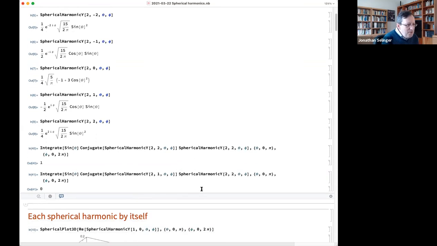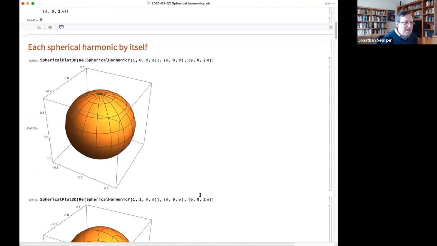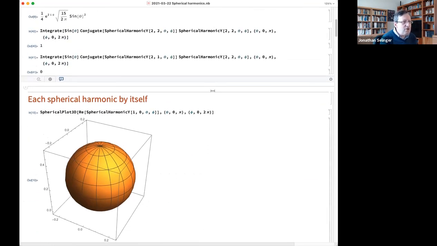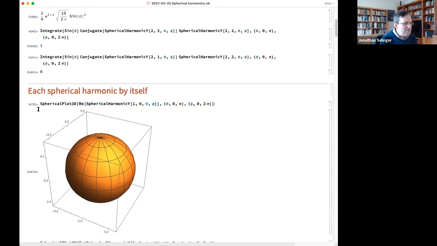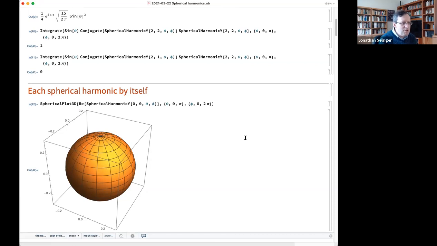And then if we look at a nice plot of each spherical harmonic by itself, you can see something about the shape of the function, how these things depend on theta and phi, that is, on latitude and longitude. So the 0, 0 spherical harmonic, which I didn't save in this plot, that is just a sphere. Okay, what a beautiful sphere.